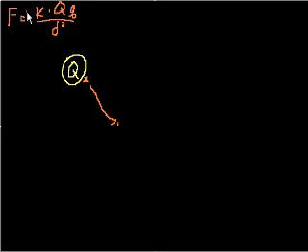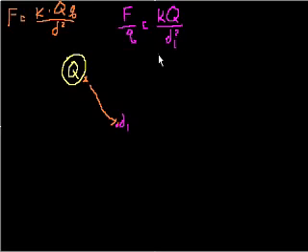So what we can do is take this equation up here and divide both sides by this small q and say, okay, the force per charge at this point, let's call that d1, is equal to Coulomb's constant times the charge of the particle that's creating the field divided by, well, in this case d1 squared, right?